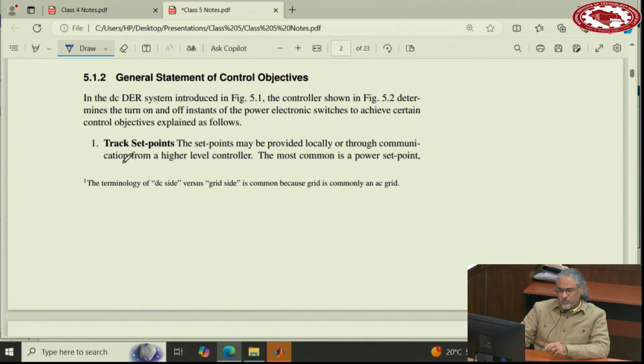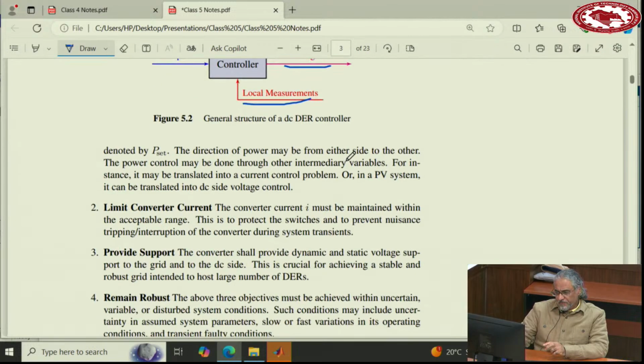We would like to track the set points. We do not specify at this time what those set points are, but whatever they are, we would like to track them. Common set points are power, but it could be current or something else. When I say P set or V set or I set, that's the set point.